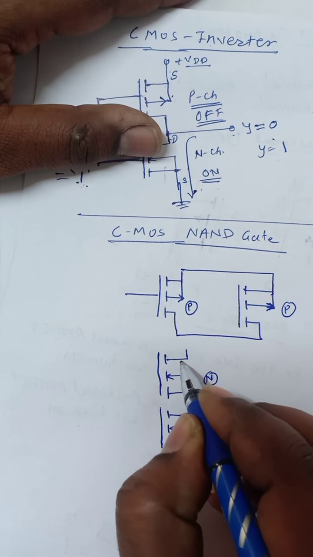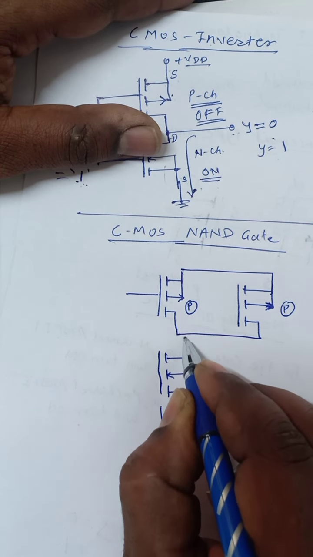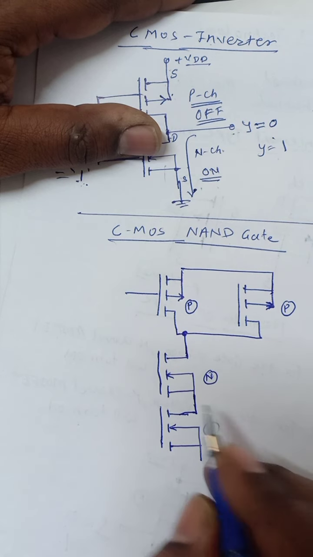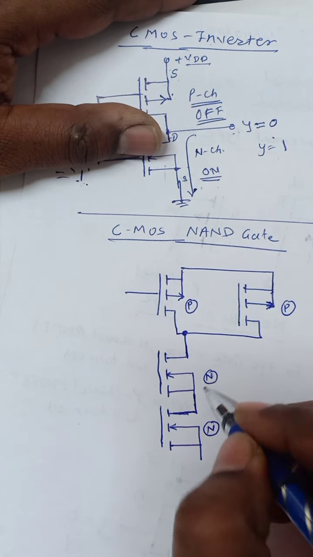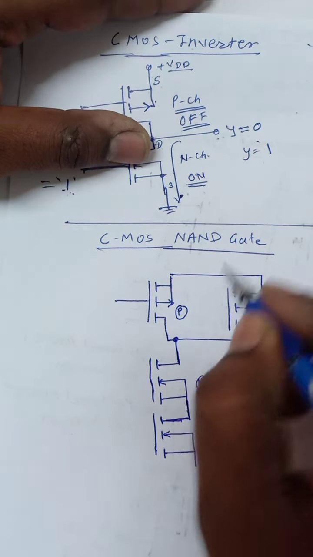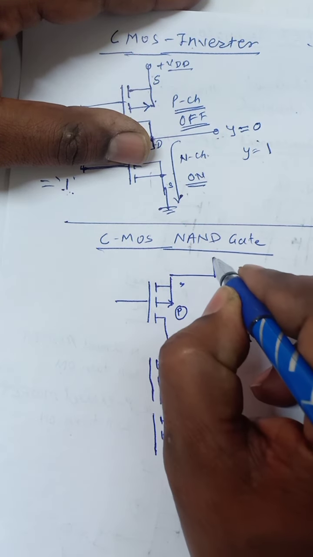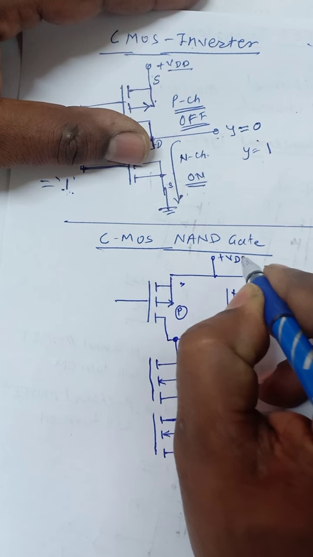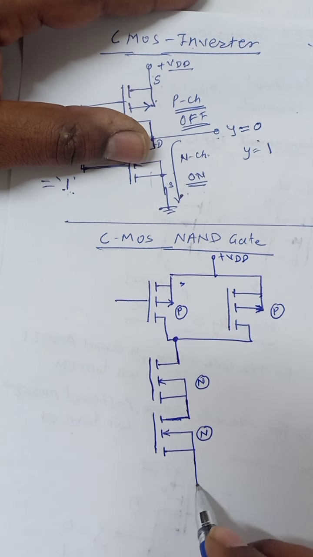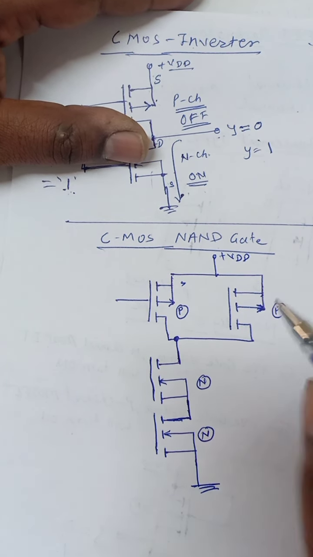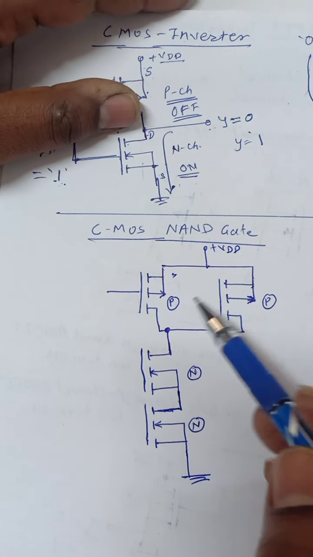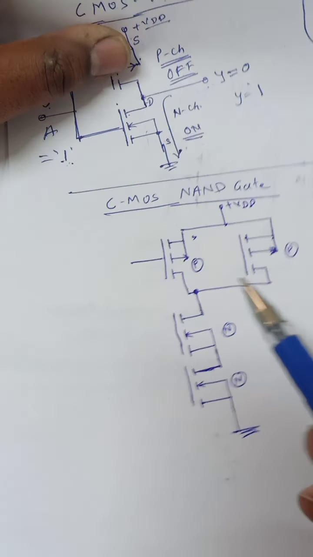The drain is connected to higher potential. We know that for N channel the drain is connected to higher potential, and for P channel the source is connected to higher potential. Plus VDD is the voltage source to operate, and the other end is grounded. This is a simple connection, so don't make it so complicated.